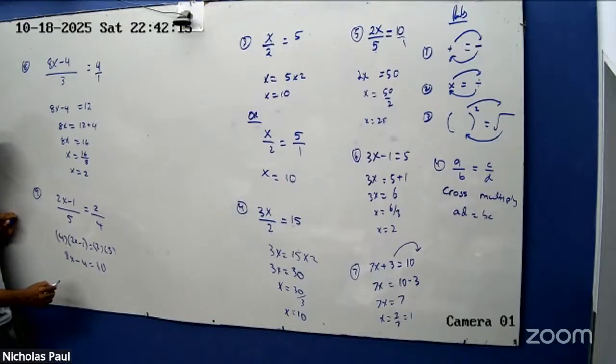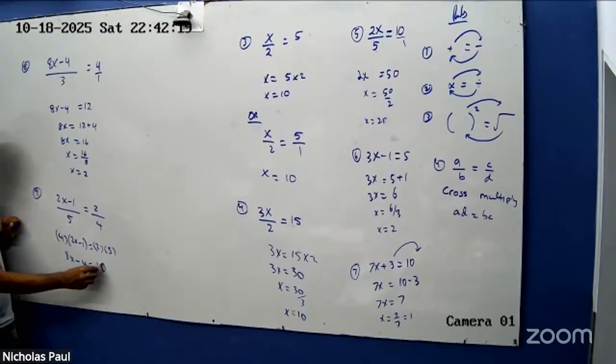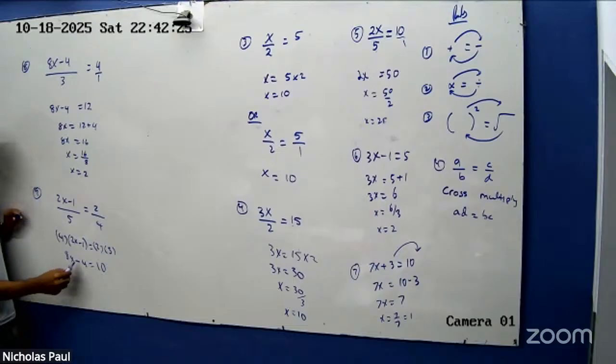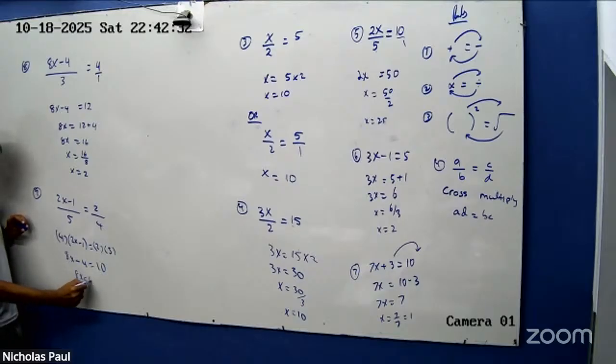Right, what are you going to do now? Where are you going to move now? If you're not seeing, you have to look up here, right? So it becomes 10 plus 4. Right. And what's the last step?